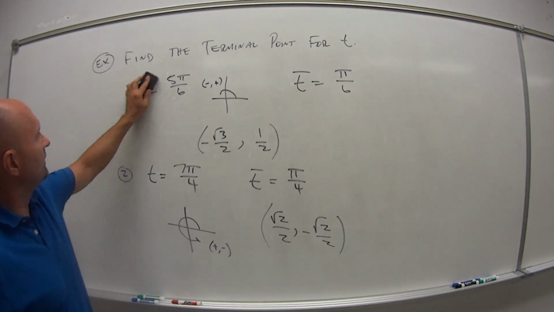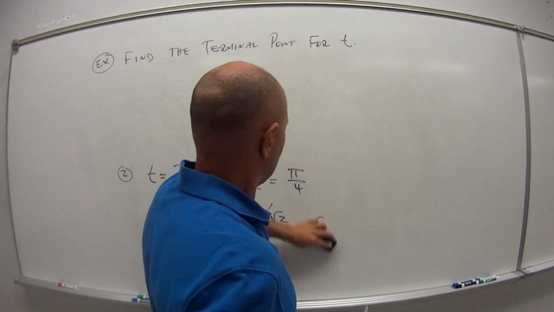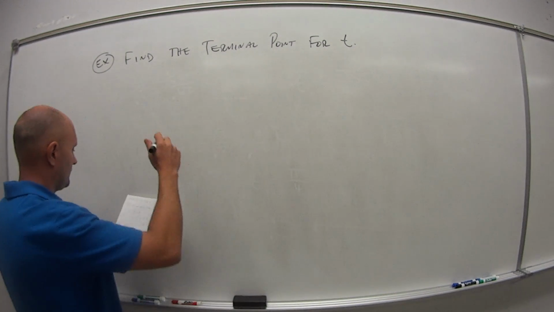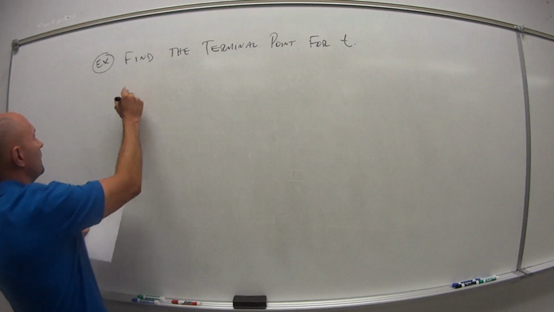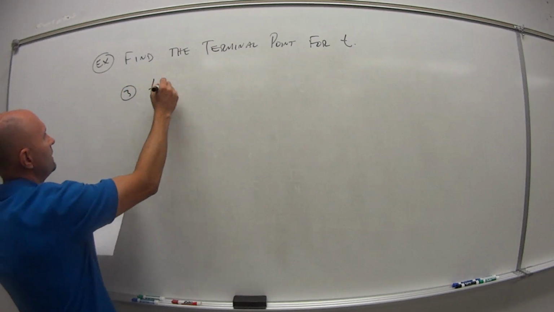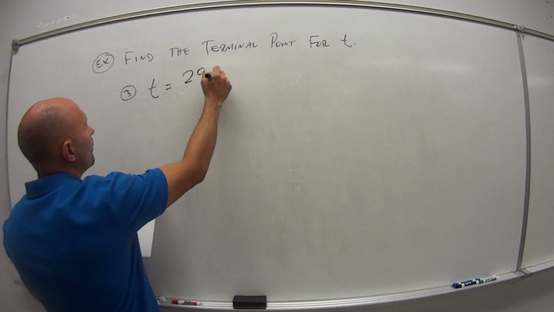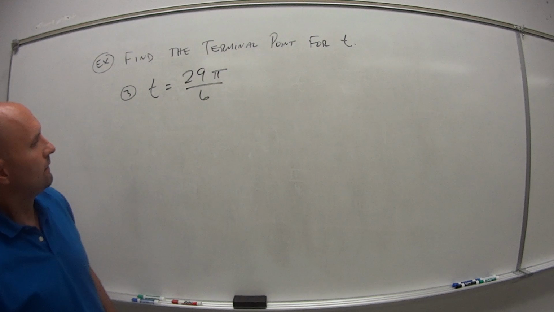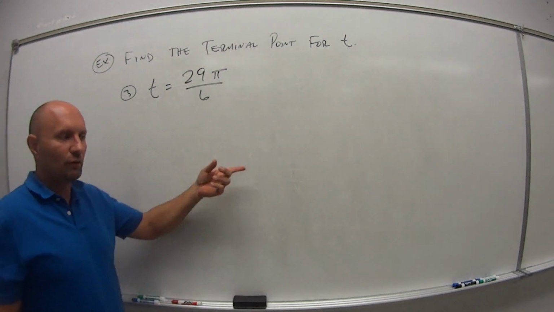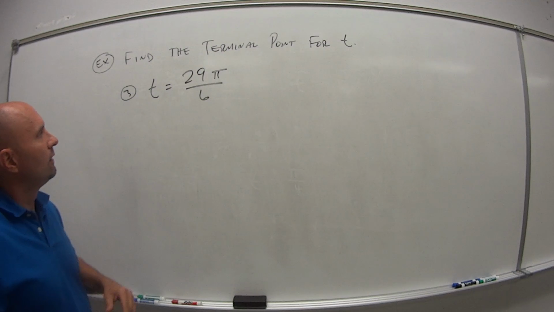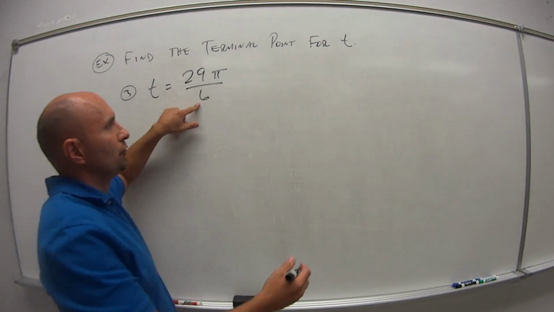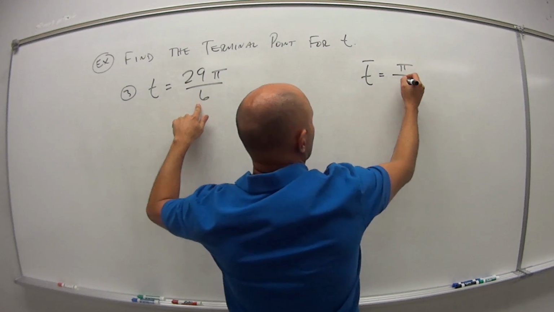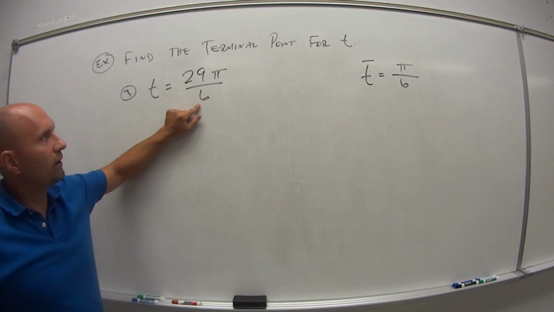All right, last example. What if we have something like t is equal to 29 pi over 6? This is obviously nothing that we've learned from our unit circle. We know that our reference number is going to be pi over 6.